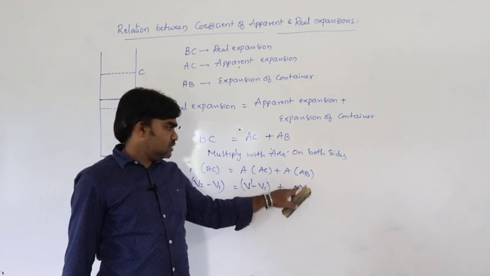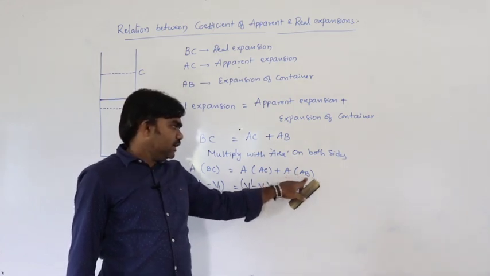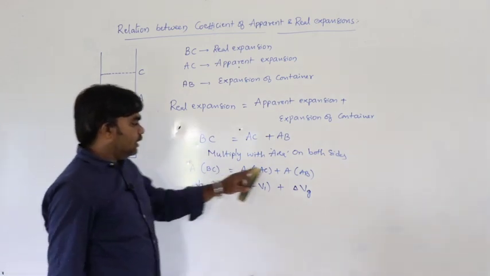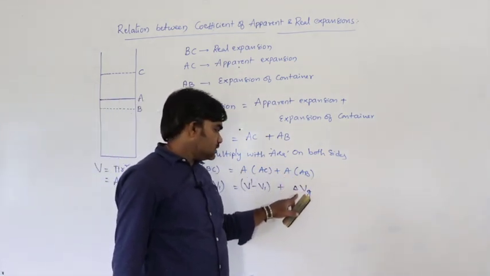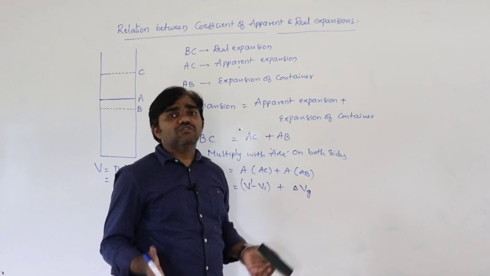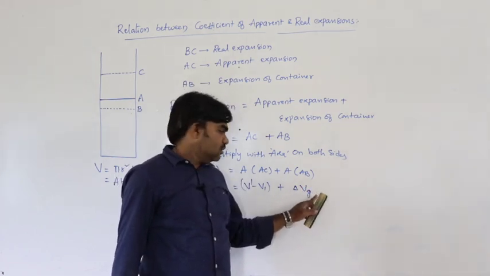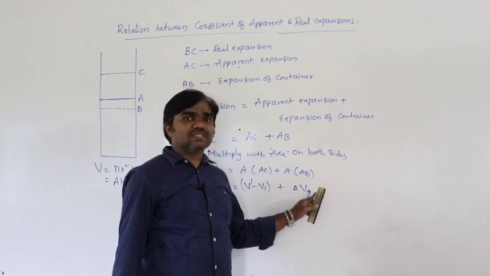Area into expansion of the container. AB is the expansion of the container. Just I am considering the change in volume of the container. For our convenience, it is considered as glass.